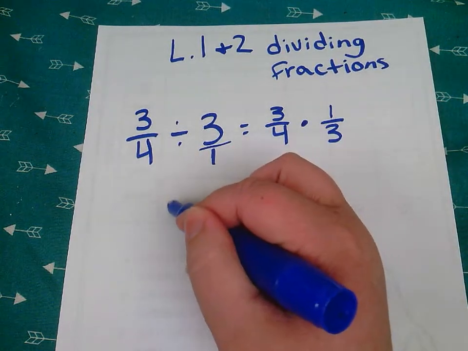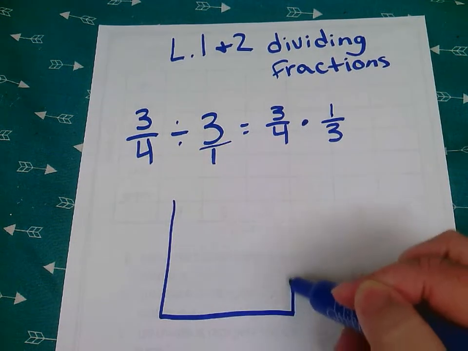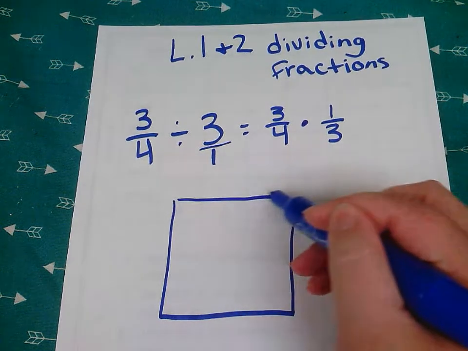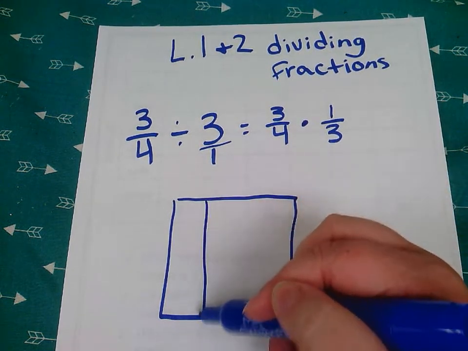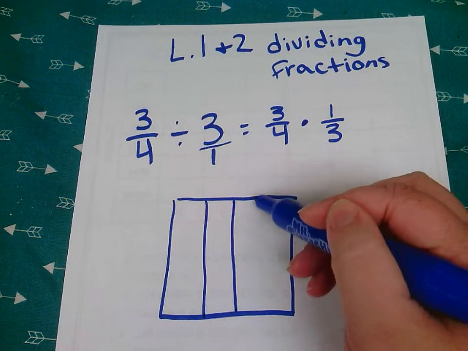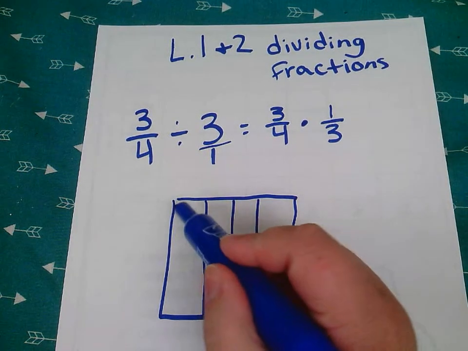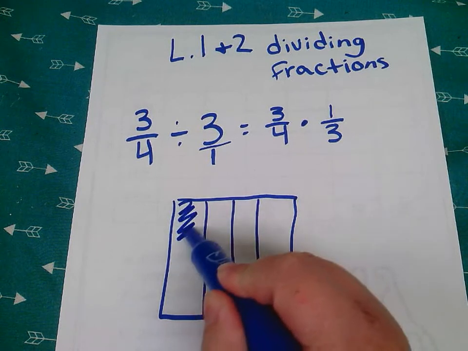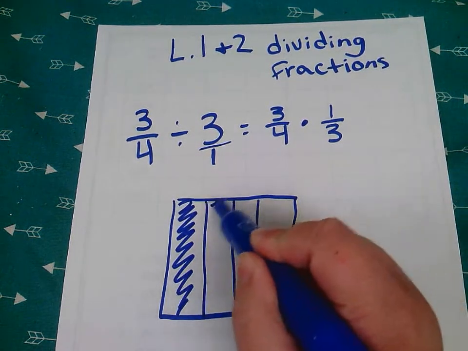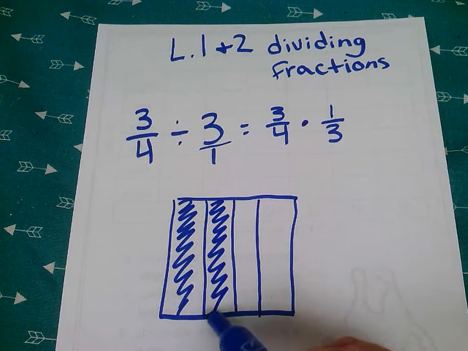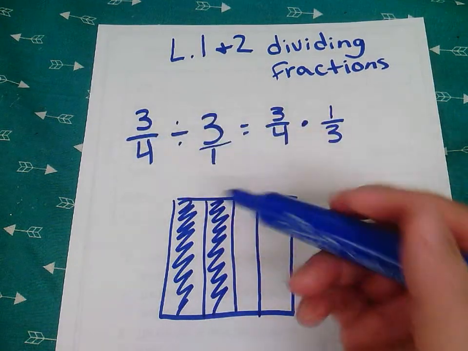So I would take 3/4 and I'm going to model this vertically, meaning my lines are going to be vertical. So I broke my picture up into 4 pieces, and then I need to shade 3 of them because my fraction says 3/4.